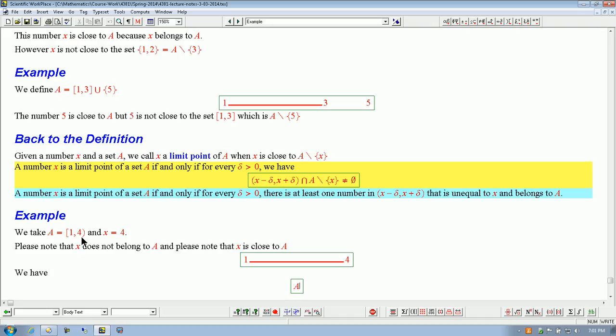If you take this set A and you put a set minus singleton 4, these two are exactly the same thing. This 4 doesn't belong. Let's read this. What does this stand for? It's the set of all the members of A unequal to 4, but the members of A are already not 4.